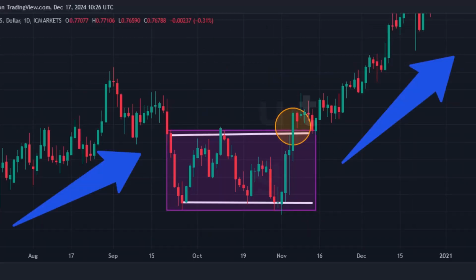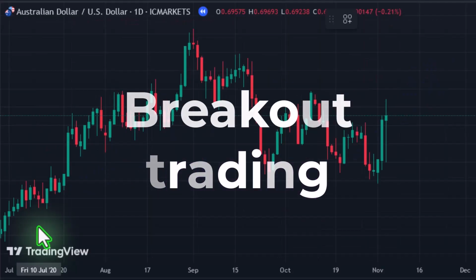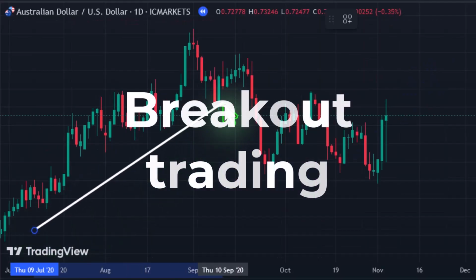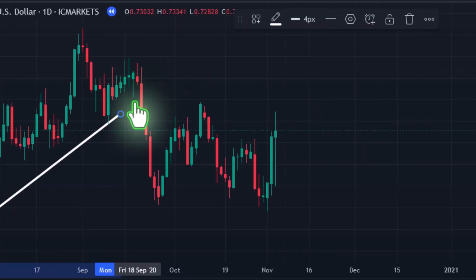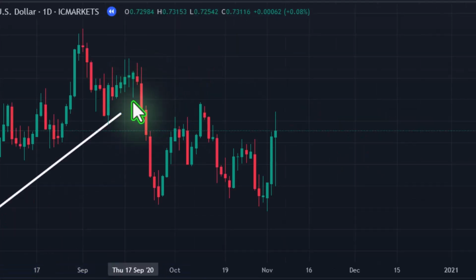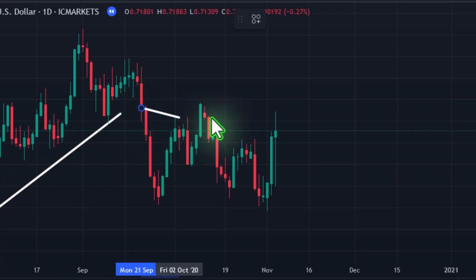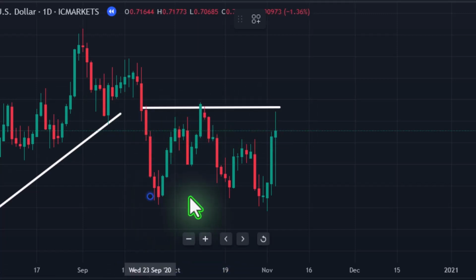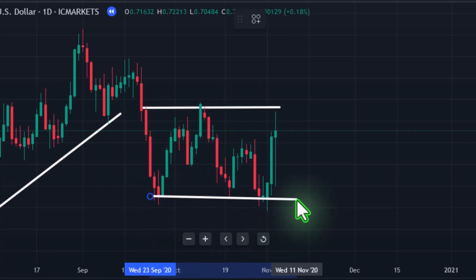First, let's look at breakout trading. After this sustained bullish move, price got to this place and buyers took a breather. So, identifying the rectangular pattern, the characteristic is that it is formed within a resistance and a support line.